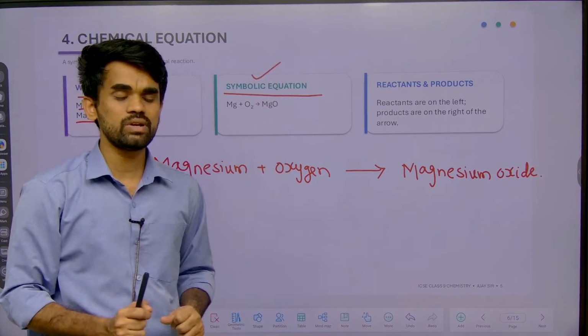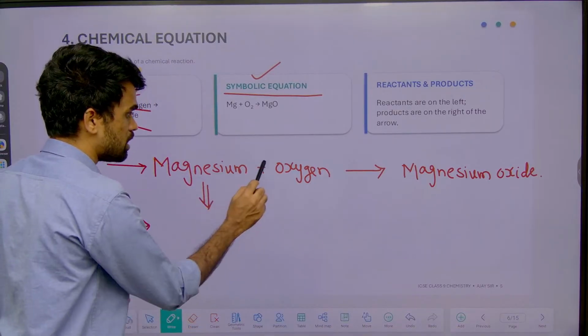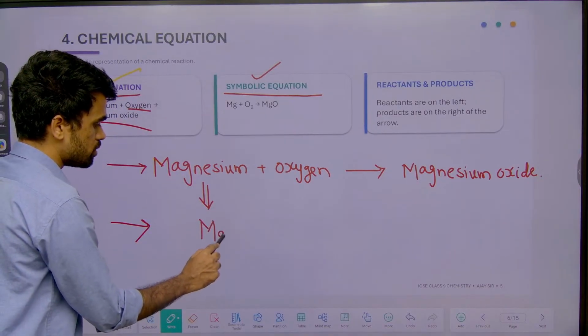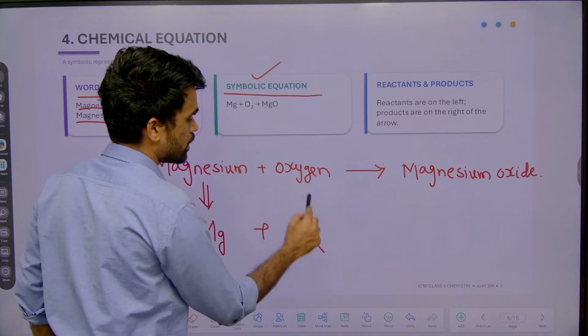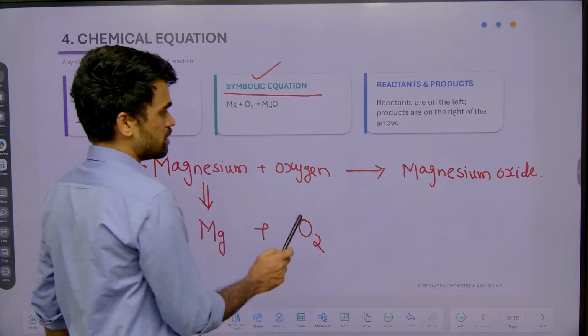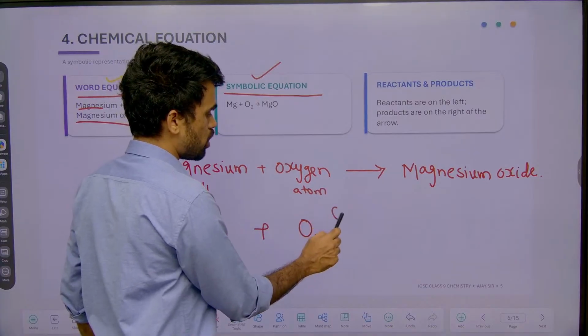Symbolic equations include the symbol of each element involved in the reaction. For magnesium, the symbol is Mg. For oxygen, the symbol is O2. Whenever I say oxygen, you should take it as O2. Instead, if I mention only oxygen atom, you should take oxygen atom.